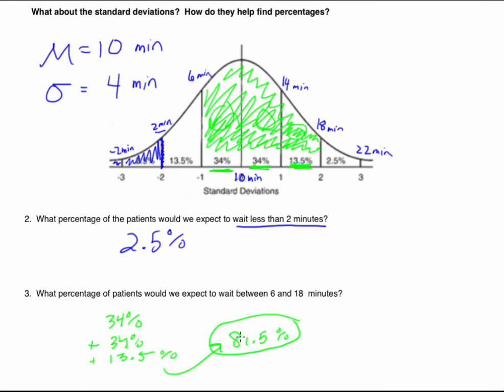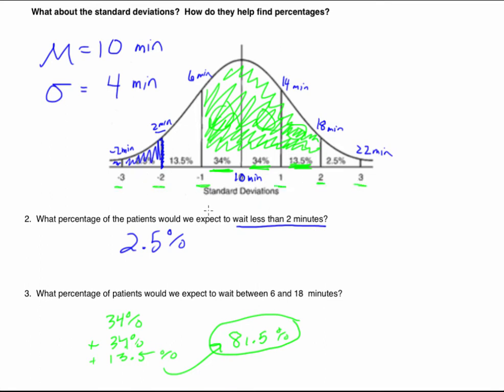Everything that we have done in these three examples has been exactly where the standard deviations are. So in the previous problem, we were looking at above 14 minutes. In this second problem, we were looking at less than 2. And here we're talking about 6 and 18. All of these values are occurring at values of exact number of standard deviations.